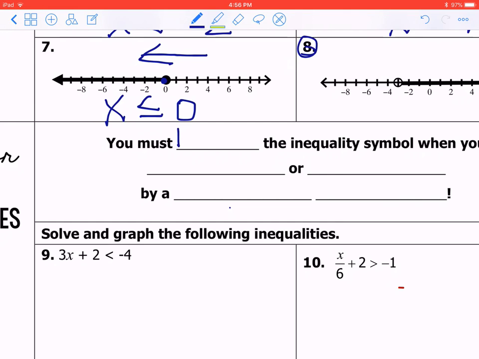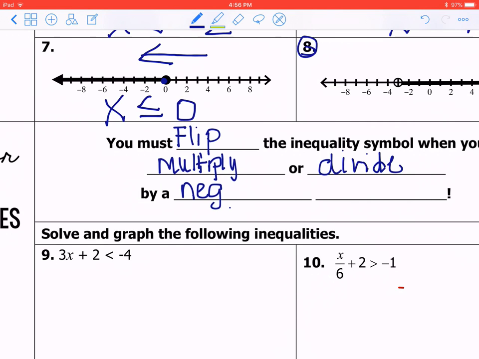Apologize for my handwriting. You must flip the inequality symbol when you multiply or divide by a negative number.